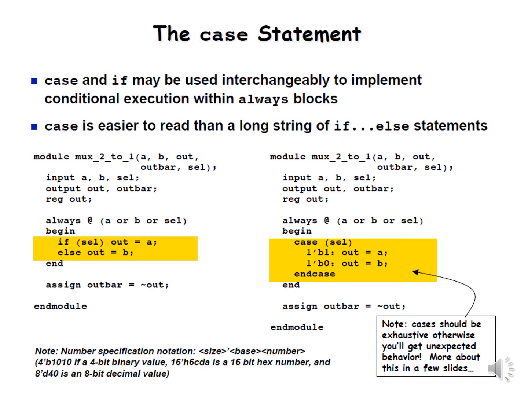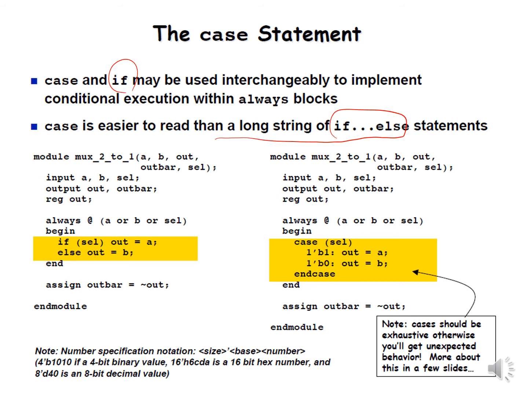Case statement. The case statement can be used to replace the if statement, but with a case statement we can define more complicated conditions. Case is much easier to read than a long string of if-else statements. Many if-else statements inside will be difficult.